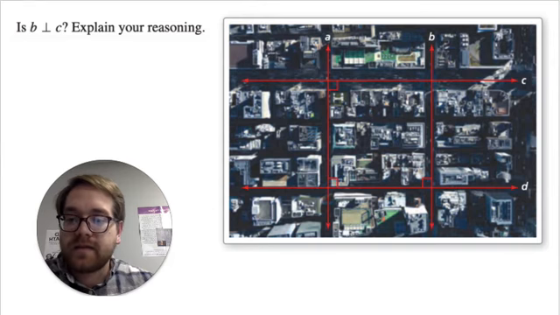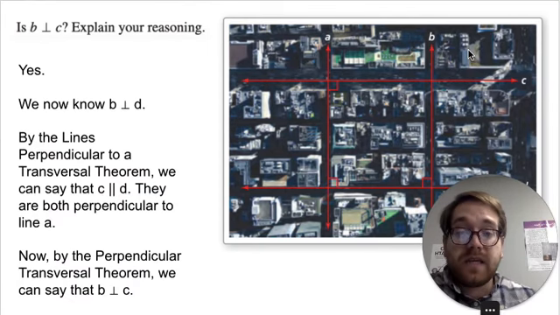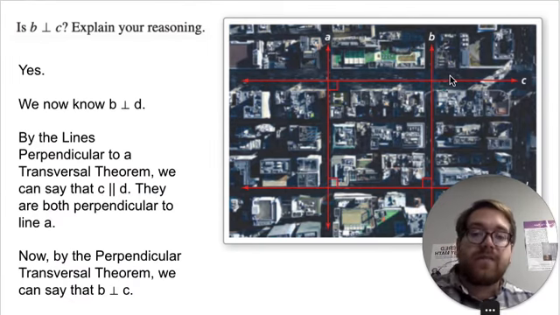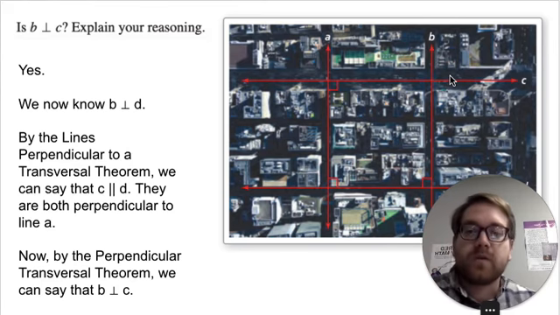So let's look at the answer. Ultimately, yes, B is going to be perpendicular to C, but why is that? Look at what we know. We know B is perpendicular to D, this line down here.